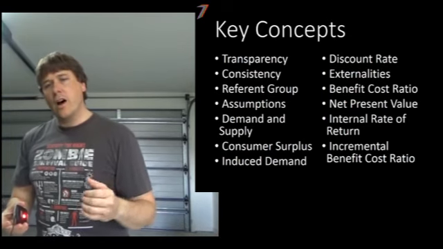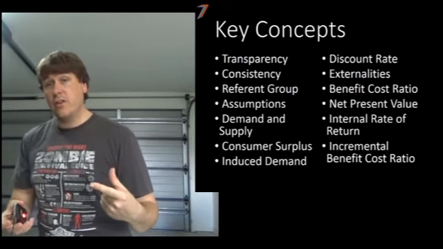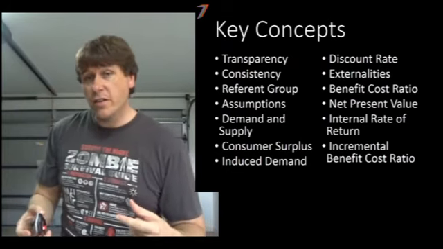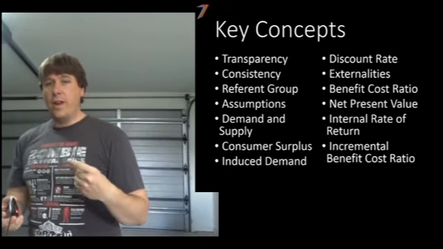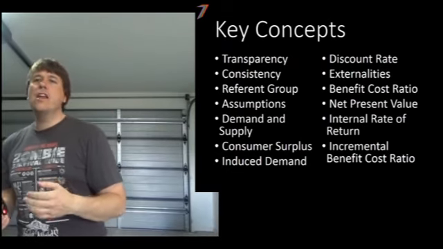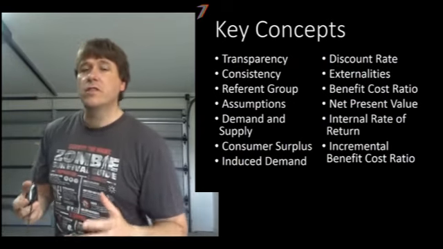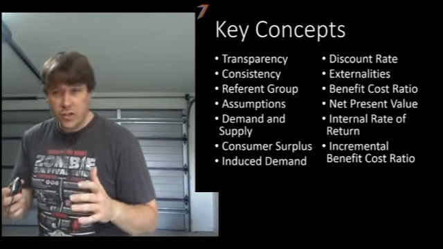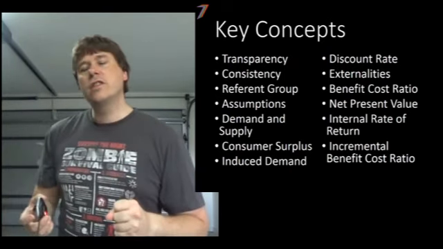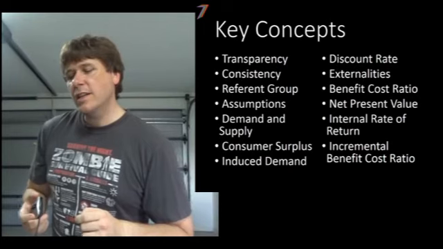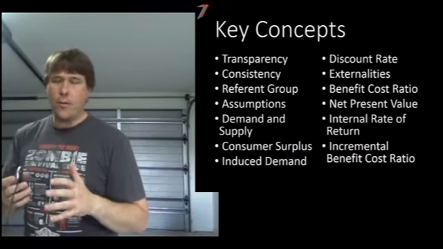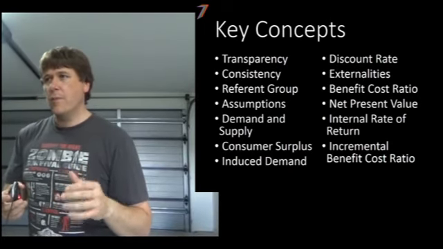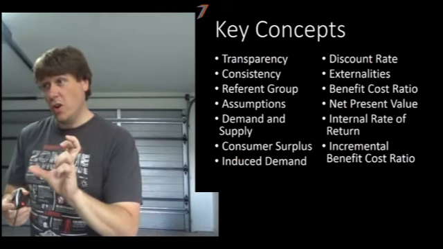Next, we're going to look at our important measures: benefit cost ratio, net present value, internal rate of return, and incremental benefit cost ratio. As explained earlier, benefit cost ratio is simply your benefits divided by your costs. Net present value is your benefits minus your costs. Internal rate of return is basically your discount rate for where your project breaks even, so for example, when your benefits equal your costs.